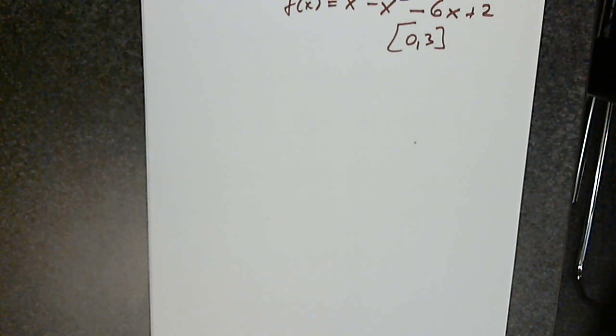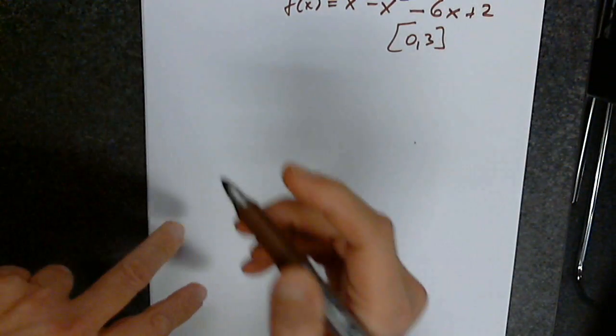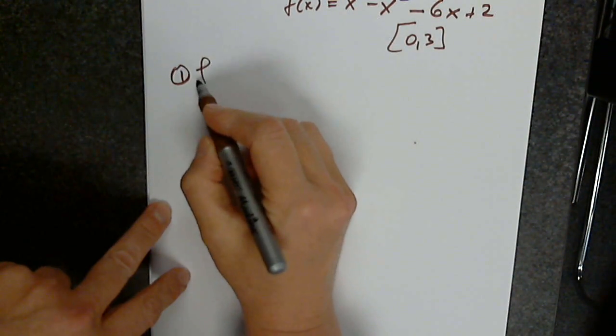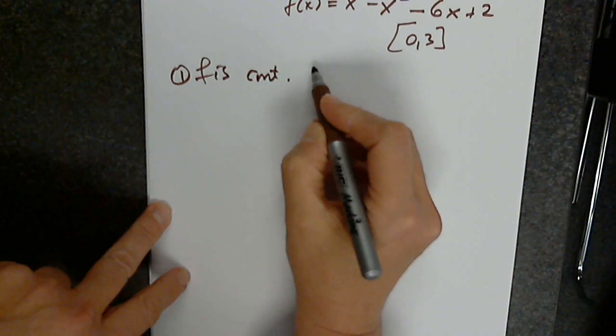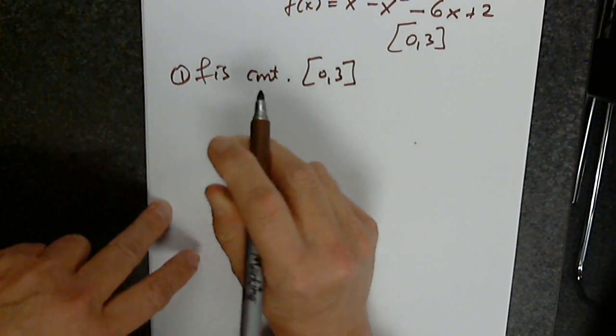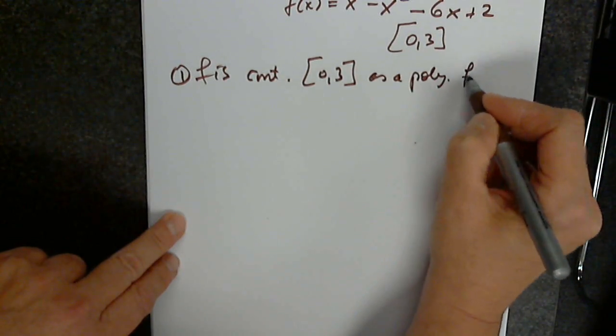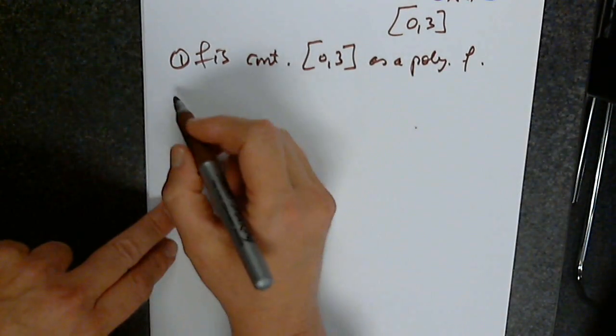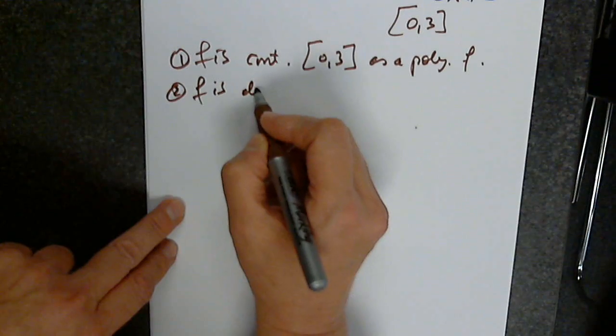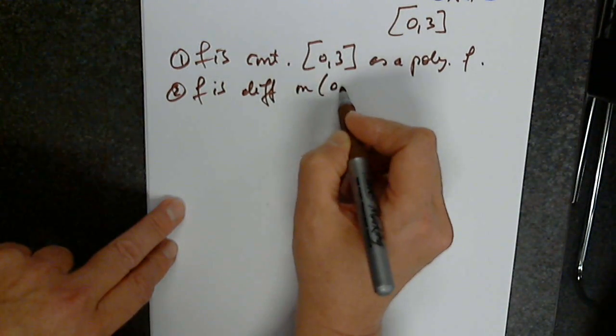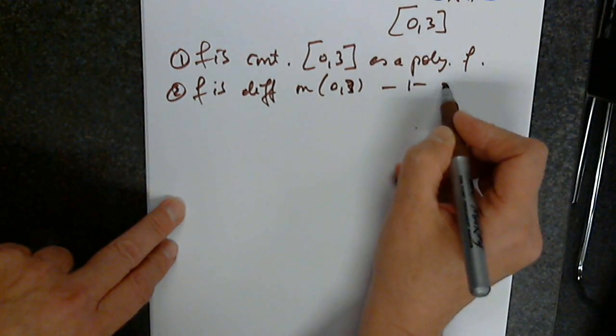Okay, can I start? So first I have to write, number 1, that f is continuous on the interval 0, 3 as a polynomial function. Step number 2, f is differentiable on 0, 3 for the same reason.